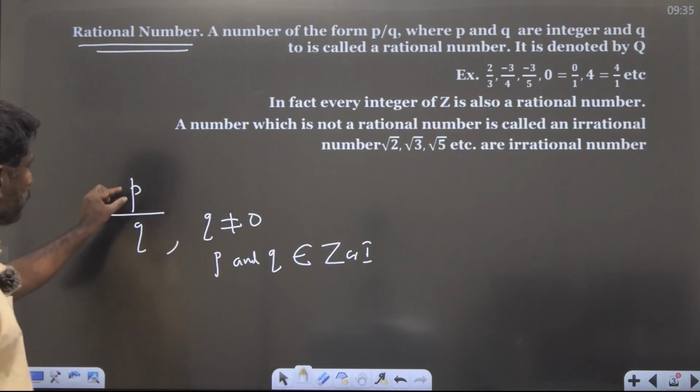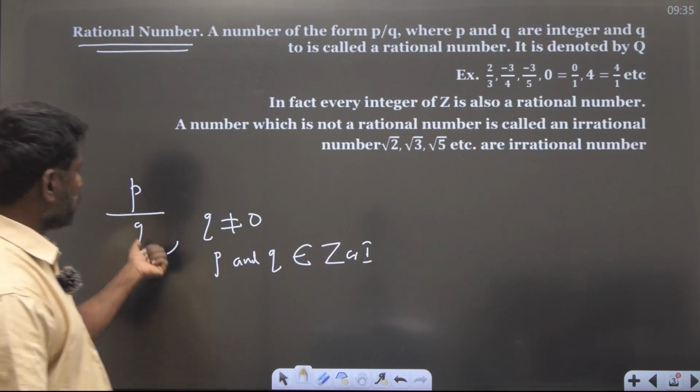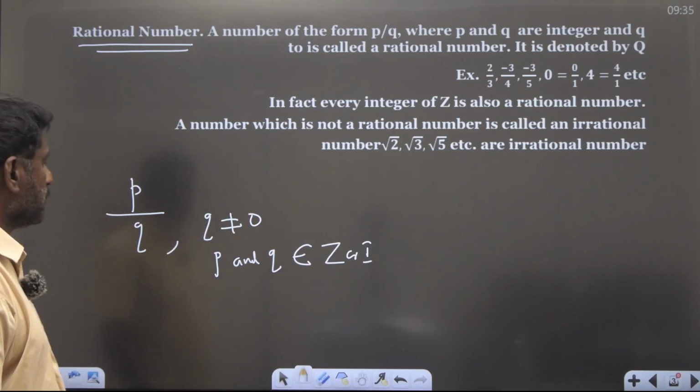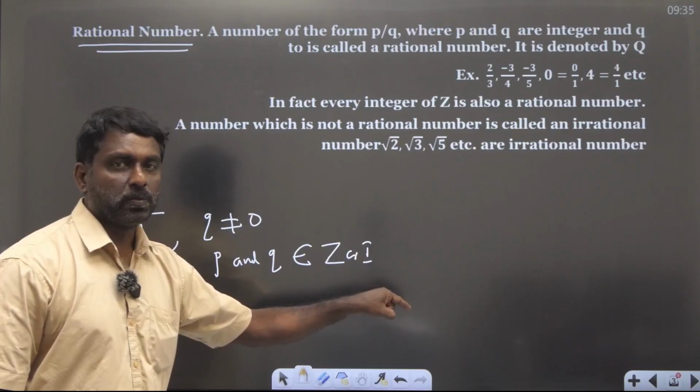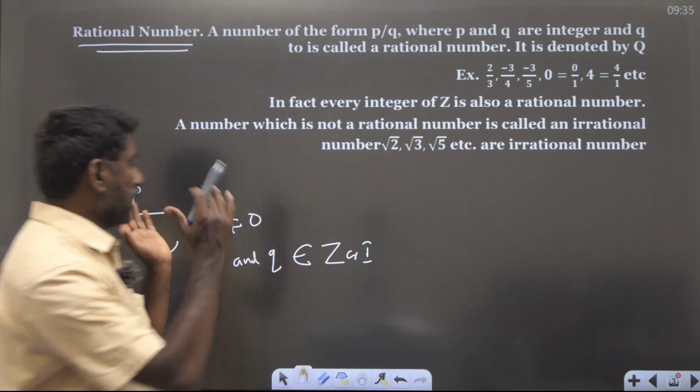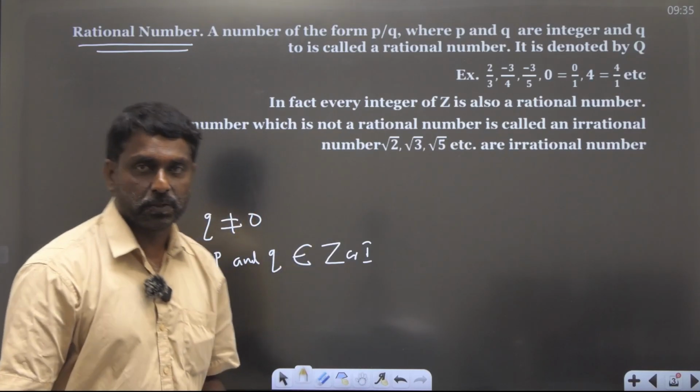That means the denominator cannot be 0, but P and Q are integers. They can be positive, they can be negative.